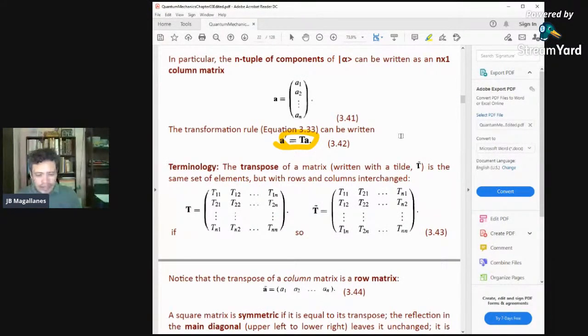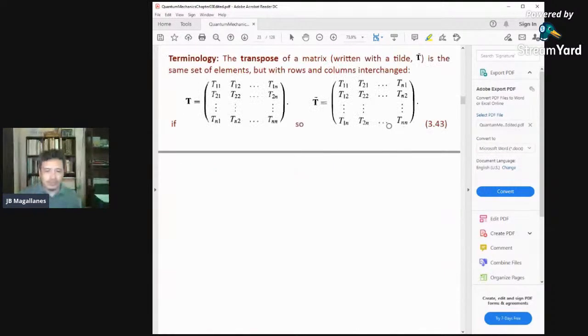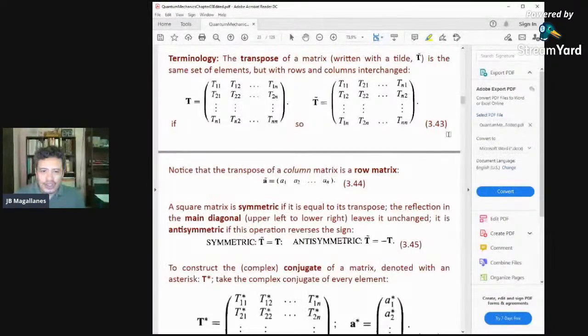So there are several terminologies that we have to study about matrices. One of them is the transpose of the matrix, and this transpose just converts the original matrix into a matrix whose columns are the rows of the original matrix, or whose rows are the columns of the original matrix.